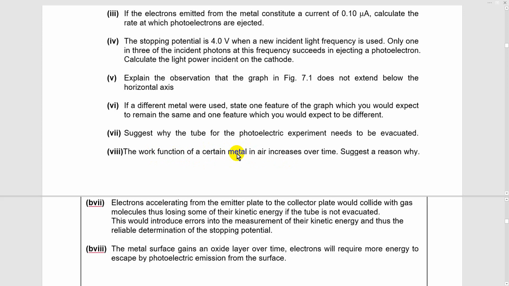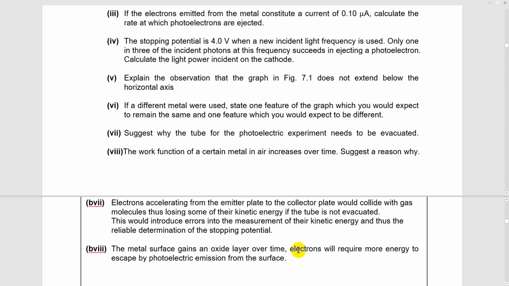Any metal that's left in the air may accumulate dirt, or you may gain some oxide because it's in contact with the surrounding air. So as you leave the metal in the air, over time you gain a layer of dirt or an oxide layer.